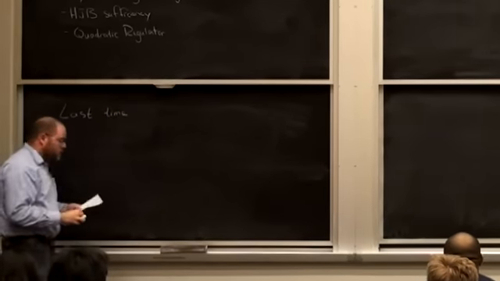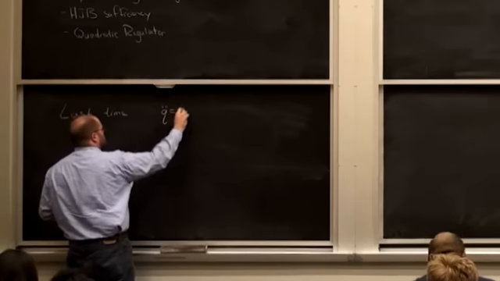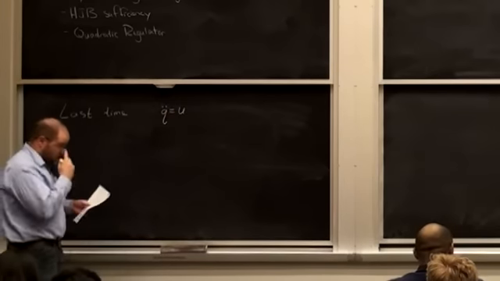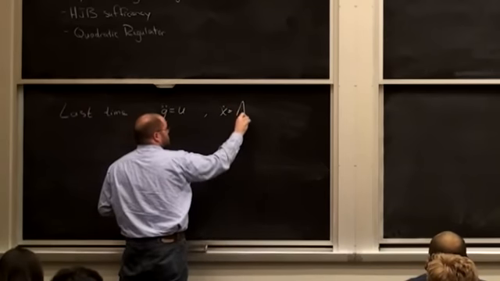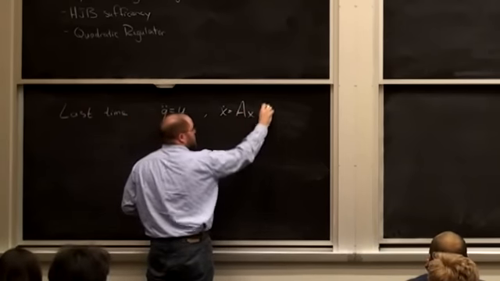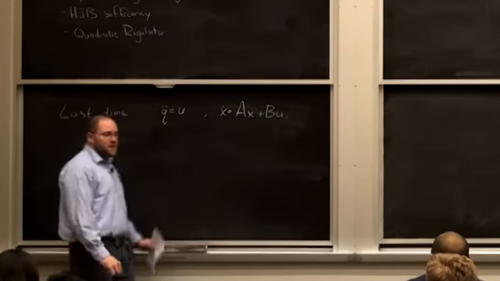we considered the system q double dot equals u, which is of a general form just a linear feedback system, which in state space form looks like this, where it happens that A and B are particularly simple.